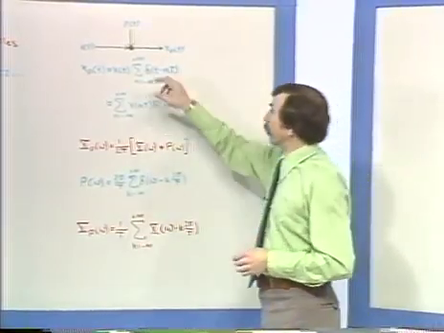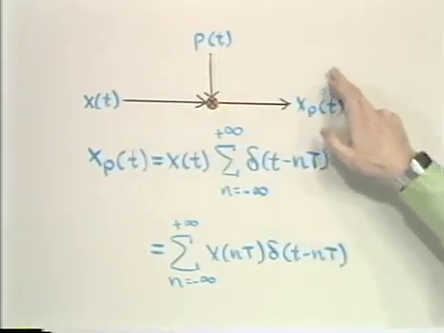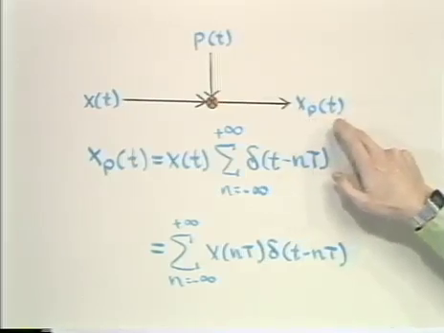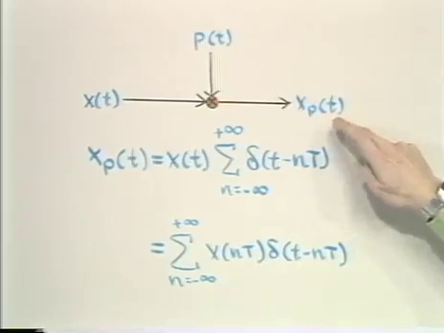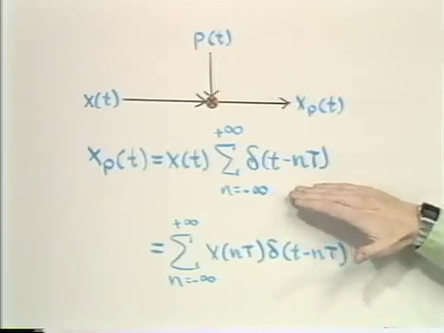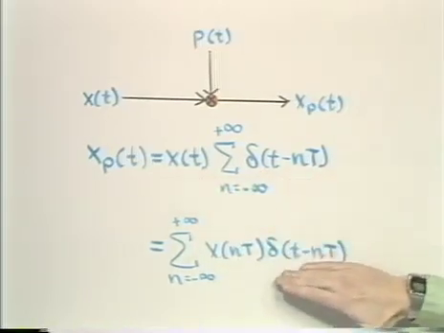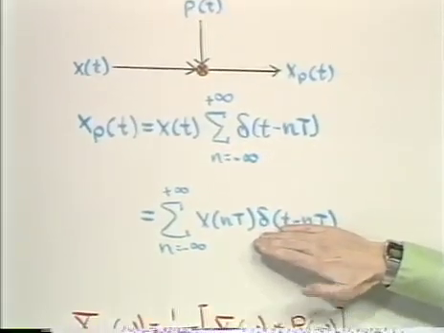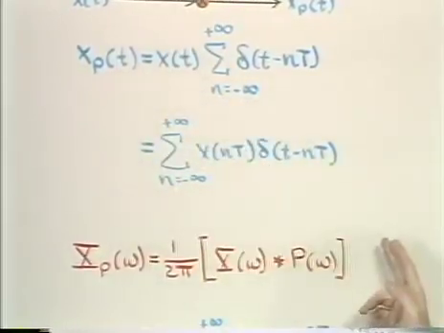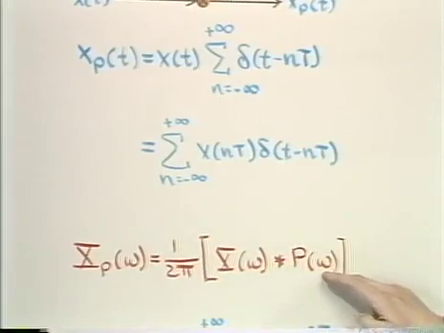In particular, if we have our signal x of t and it's multiplied by an impulse train to give us a sampled signal, another impulse train whose values or areas are samples of the original time function, as I indicate here, then in fact if we examine this equation, or equivalently bringing x of t inside this sum, if we examine either of these equations in the frequency domain, the Fourier transform of x sub p of t is the convolution of the Fourier transform of the original signal and the Fourier transform of the impulse train.